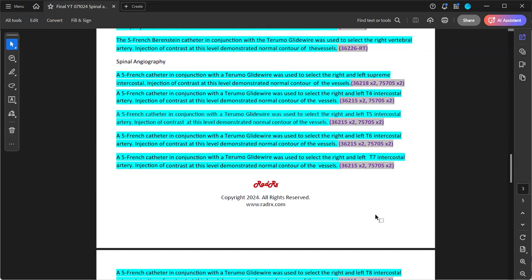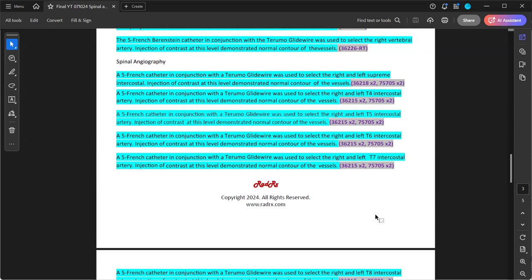Why do we not use the add-on code 75774? Because each one of these vessels is its own separate vascular family directly off of the abdominal aorta. The only time you're going to use code 75774 with a spinal imaging code is if there is an additional branch selected.